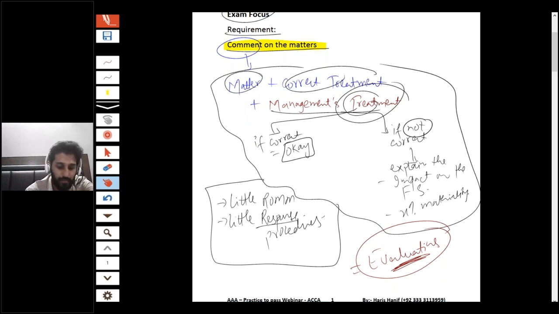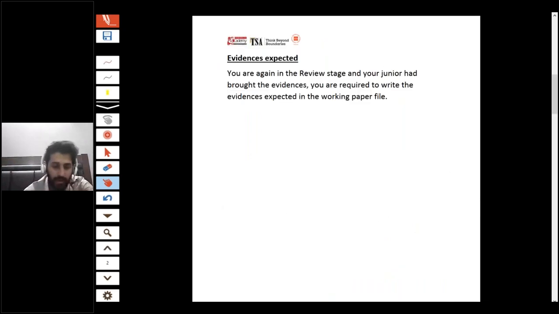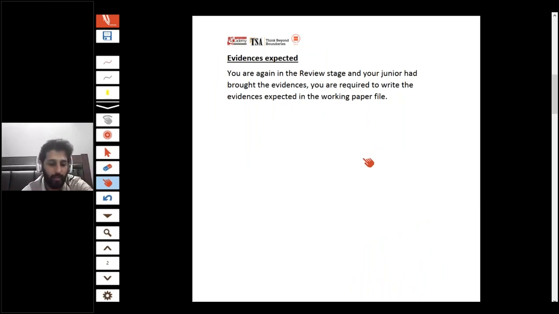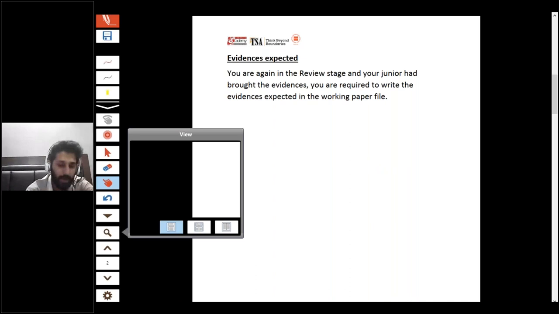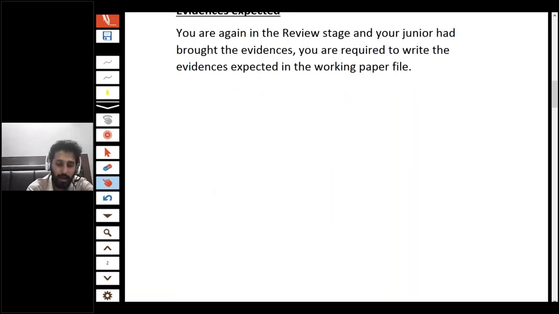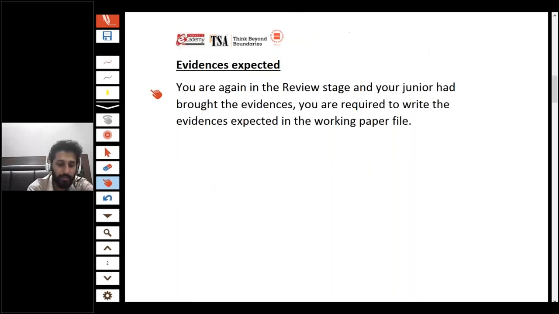Right, now moving next. Now here, this is the evidence expected. This is one of the important areas: what evidence will you expect? You are again in the review stage and your junior had brought the evidences. You are required to write the evidences expected in your working paper file.